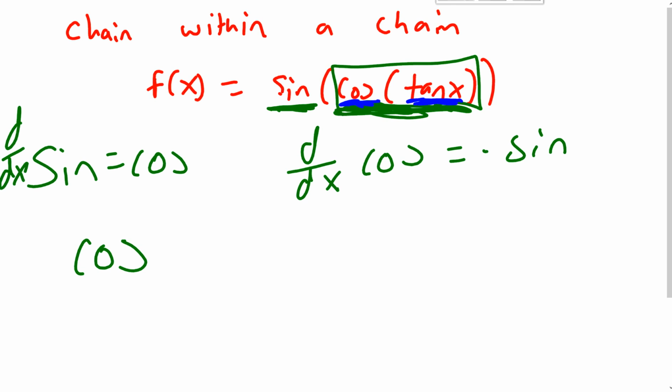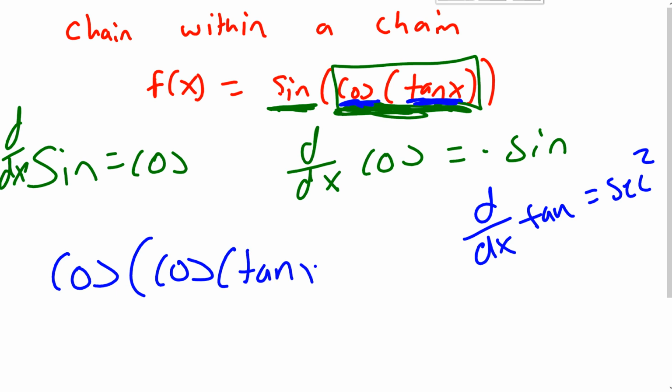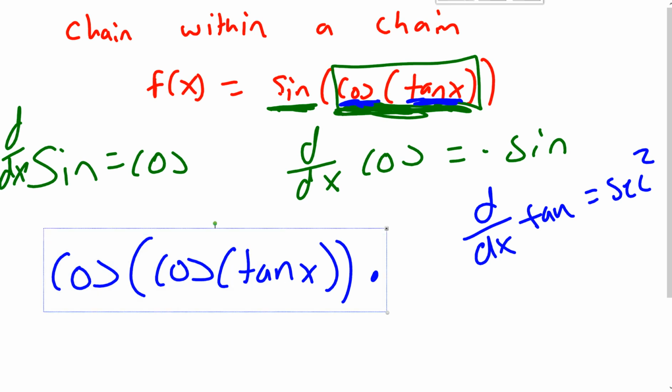So I'll have to take the derivative of tangent as well. And the derivative of tangent is secant squared. Okay, so we take the derivative of the outside, which is taking the derivative of sine, which is cosine. We leave the inside alone, and then we times that by the derivative of the inside, which I'll have to move this over.